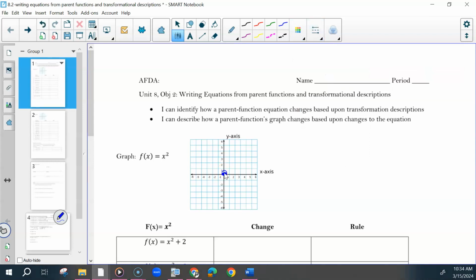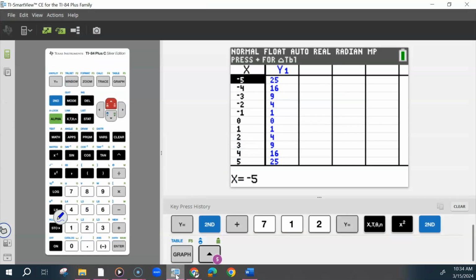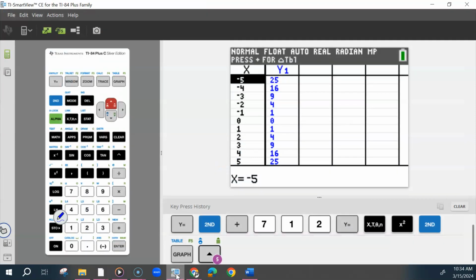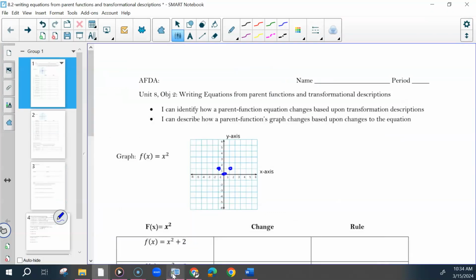And then graph as many points as you can on this graph. So negative 1, 1, 1, 1. Negative 2, 4, and 2, 4. The next points would be off the graph, so this is fine.